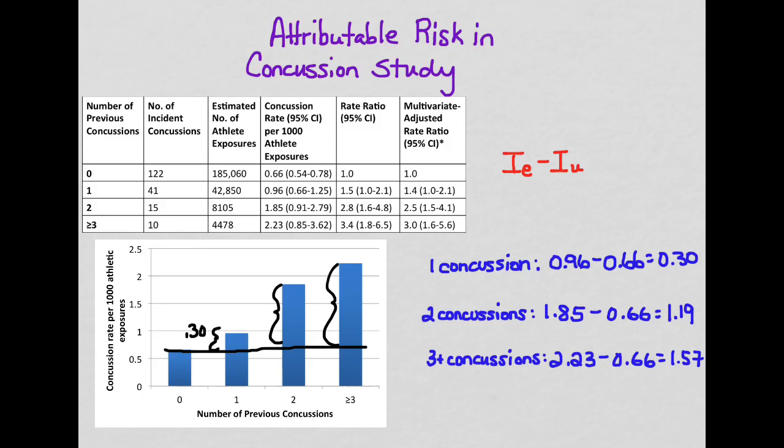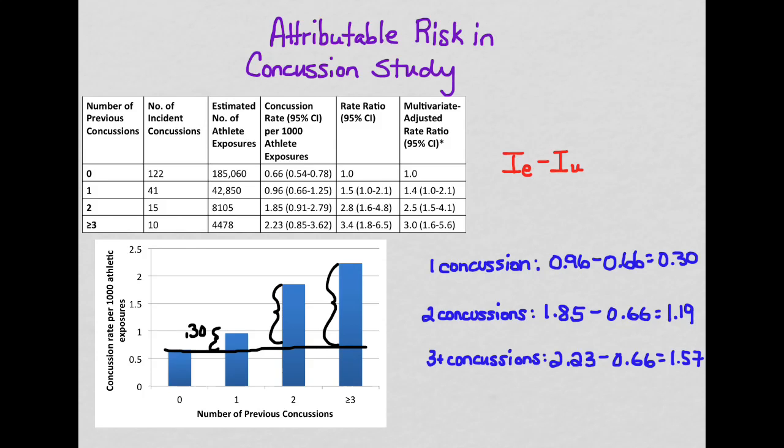And similarly, over 1.5 of the concussions that were experienced by the people who had had 3 or more concussions previously, it's a big mouthful of words here, could be attributed to their prior concussions.